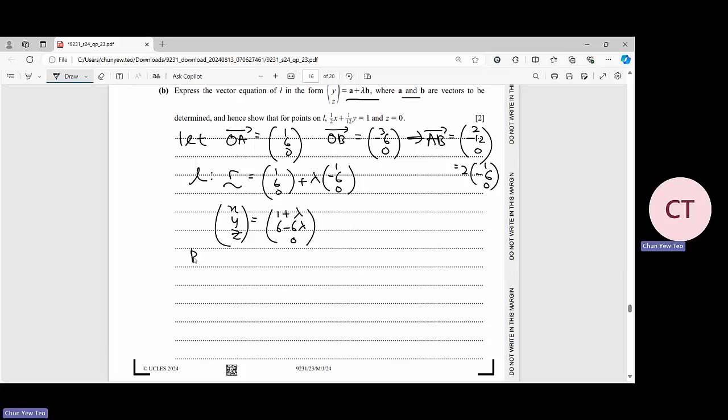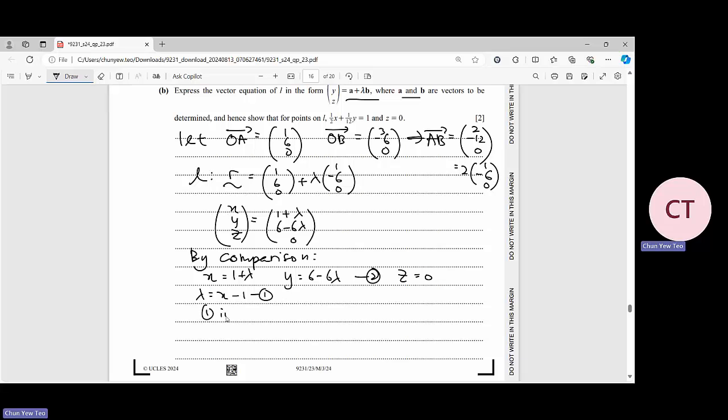By comparison, x equals 1 plus lambda, y equals 6 minus 6 lambda, and z is equal to 0. So our lambda is equal to x minus 1. I call this one equation 1, and this one equation 2.